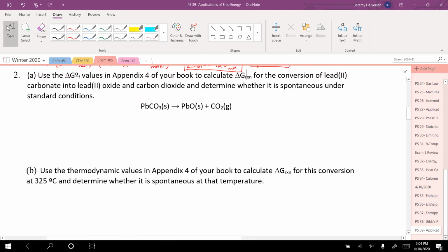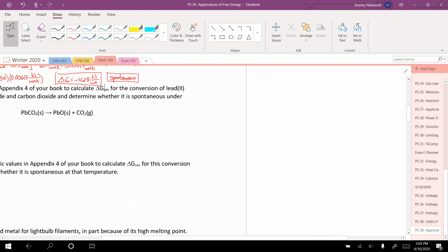I'm going to write all of the values: our delta H of formation, S, and delta G's of formation. Okay, so CO2, PbO, PbCO3.